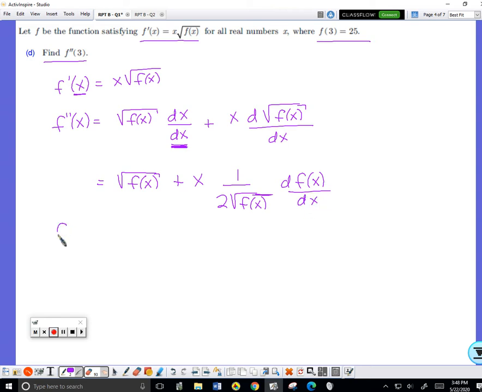So my f double prime of x is going to equal square root of f of x plus x all over 2 square root of f of x. And then the derivative of f is f prime of x.